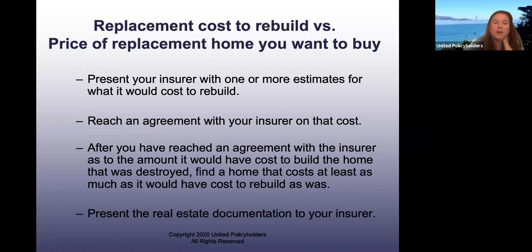The only time it would be a problem is if you can keep working on your estimate, keep getting your ACV as high as possible. The only time it could be a problem is if you were expecting all of the policy limits, including all of your recoverable depreciation and all of your code upgrade coverage, and needed it to keep going with your house, and say they deduct the land and say we're only going to pay this much.